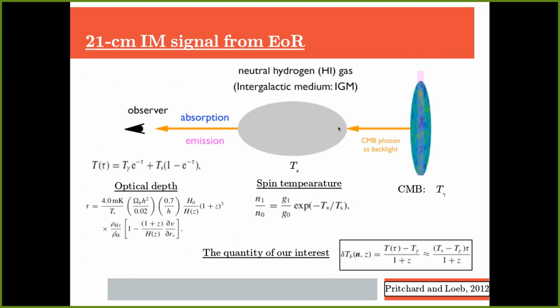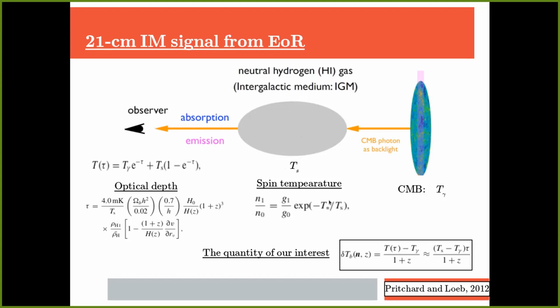Now this T gamma interacts with the intergalactic medium through the spin temperature of the 21 centimeter signal, which is a quantity that quantifies the ratio of the neutral hydrogen in its triplet state to the ground state. So this ratio is equal to g1 by g0, where these are the degeneracies of the triplet state and the singlet state. So g1 is equal to 3 and g0 is equal to 1.